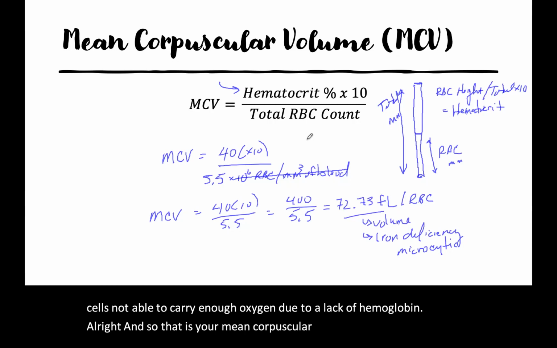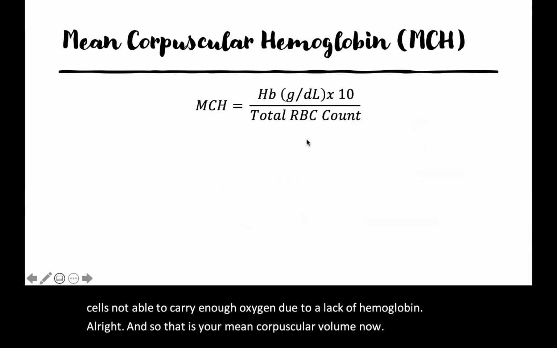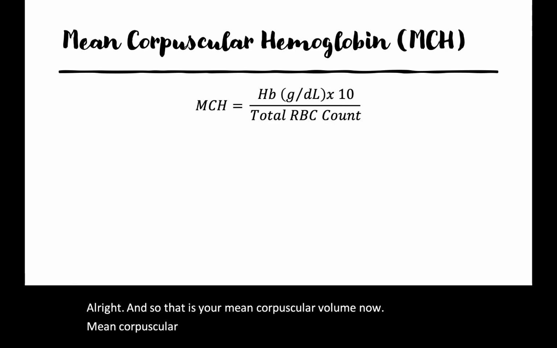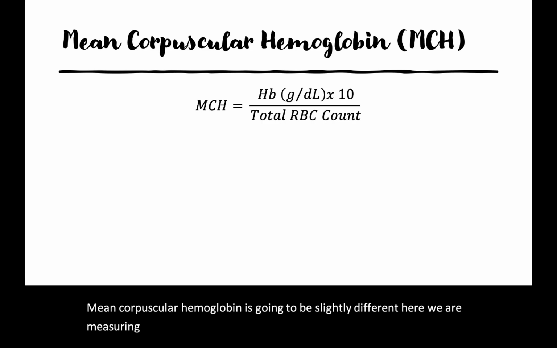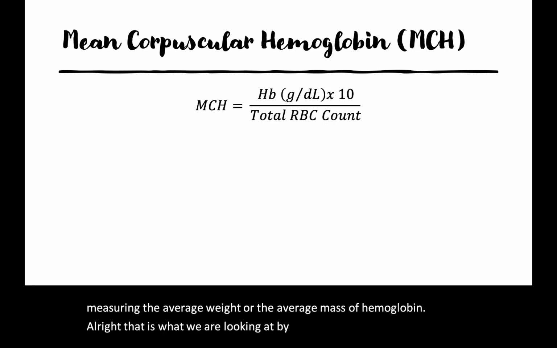Now, mean corpuscular hemoglobin is going to be slightly different. Here we are measuring the average weight or the average mass of hemoglobin in a red blood cell.